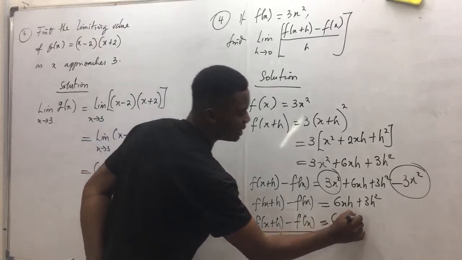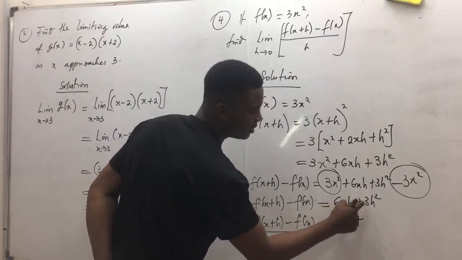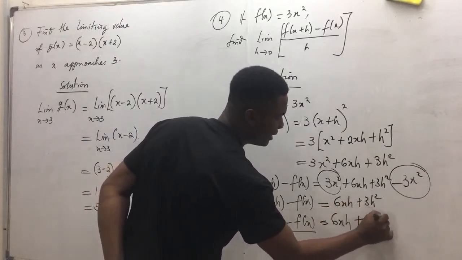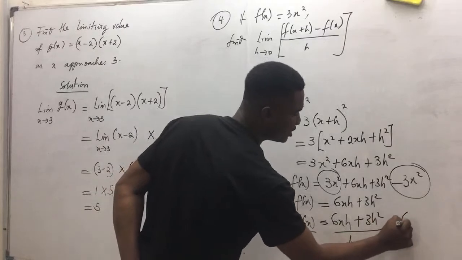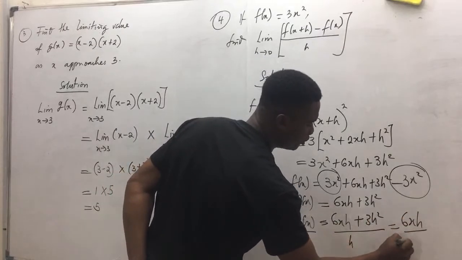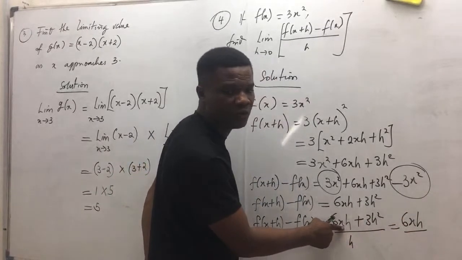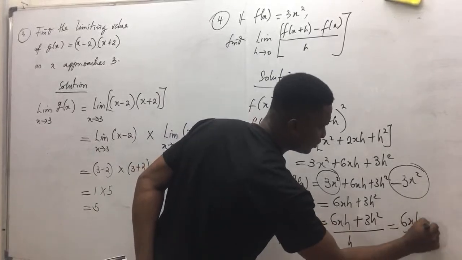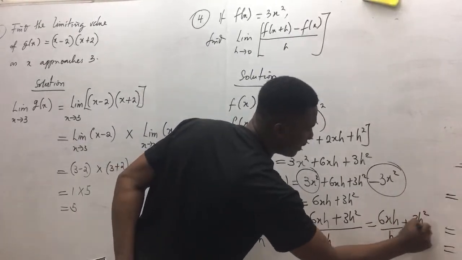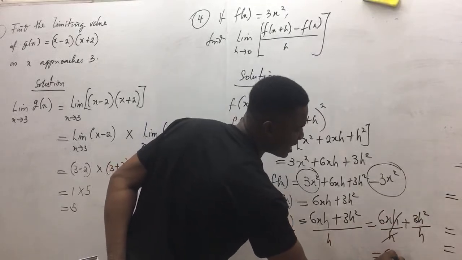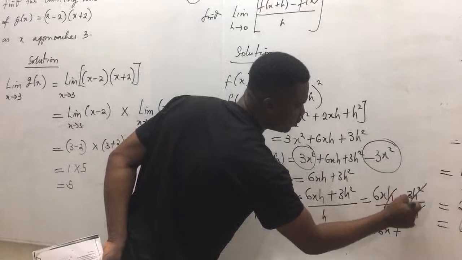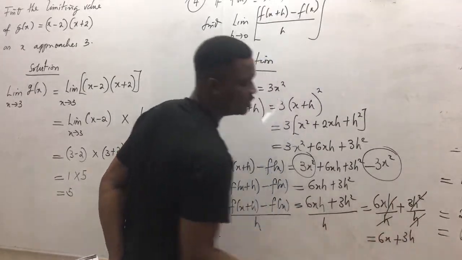Now, dividing this final expression by h means dividing 6xh plus 3h squared by h, that is, dividing each term in the numerator by h. H cancels h, and my result is 6x, and h cancels h squared, leaving 3h.